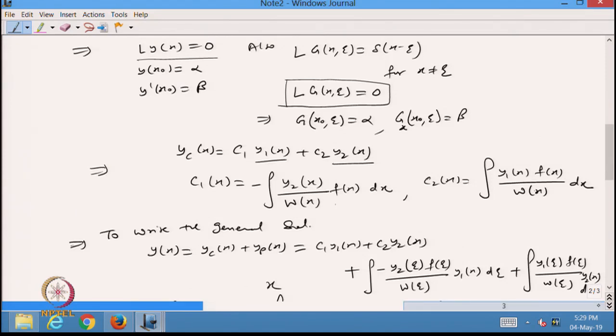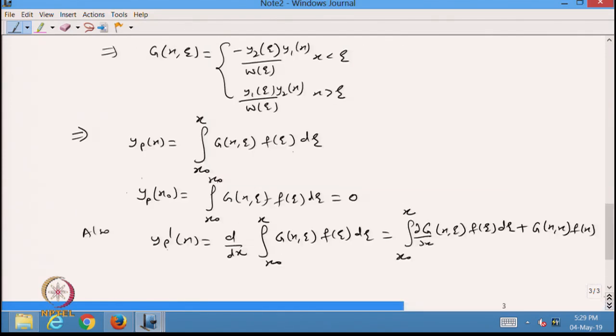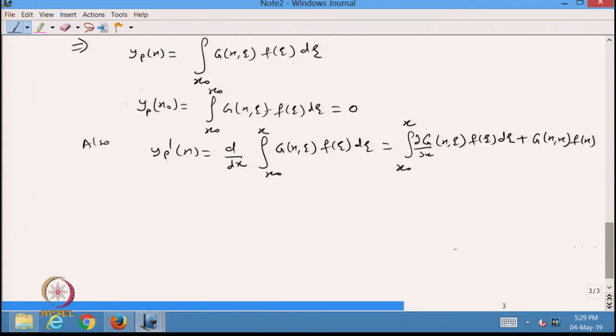So if I want to apply it, what will be the value of y_p dash at x naught?